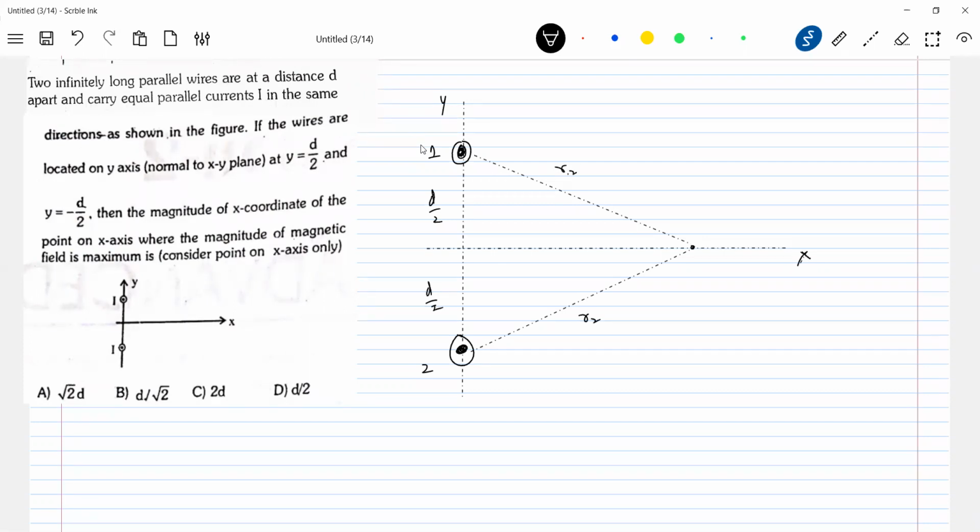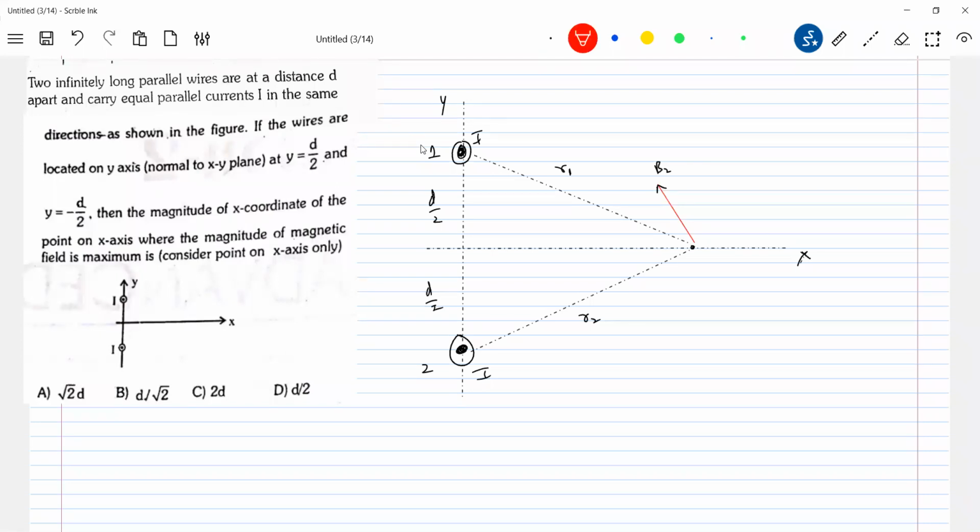And how should B2 bar be due to the second wire? It should be perpendicular to R2 bar, no? So here the vector will come like this. So what I showed is B2. Similarly, we'll show for B1.